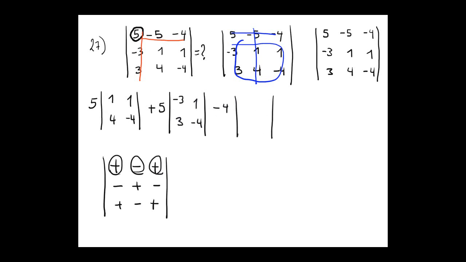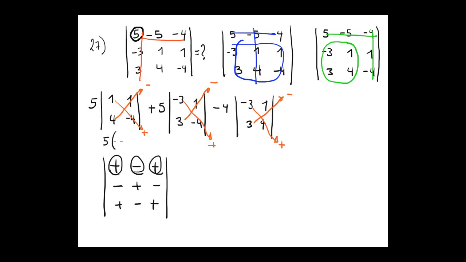In this case, we use this: delete this and delete that. Now we get this determinant: negative 3, 1, 3, 4. Okay, this is 5 times, remember, this times that, plus, minus, plus, minus.